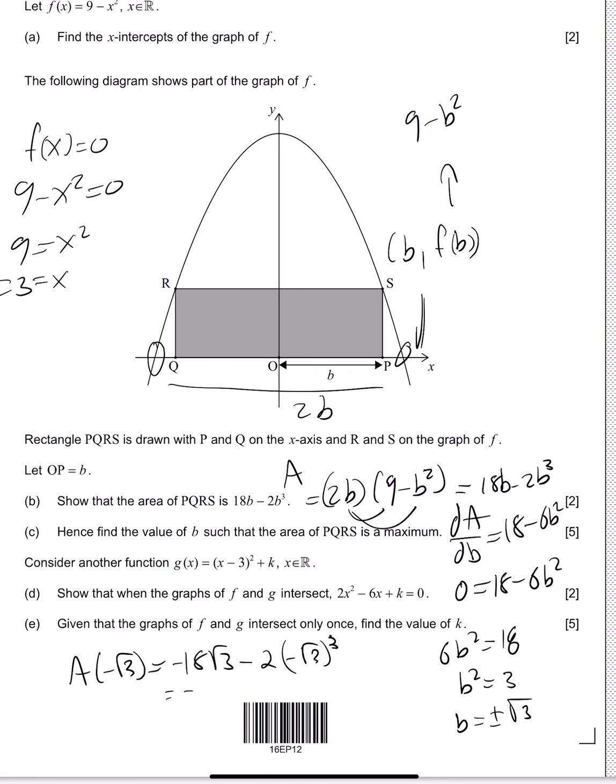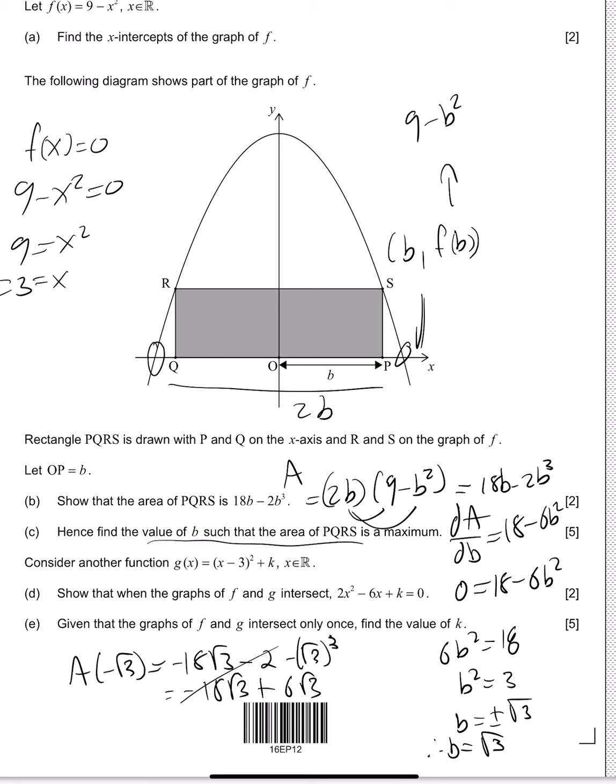Root 3 cubed is root 3 times root 3 times root 3, that's 3 root 3. So that'll be plus 6 root 3, and that gives us a negative area. That's not what we want. That doesn't make any sense. Therefore, b is equal to root 3. We just leave it as root 3. That's all they're asking for: the value of b such that the area is a maximum.